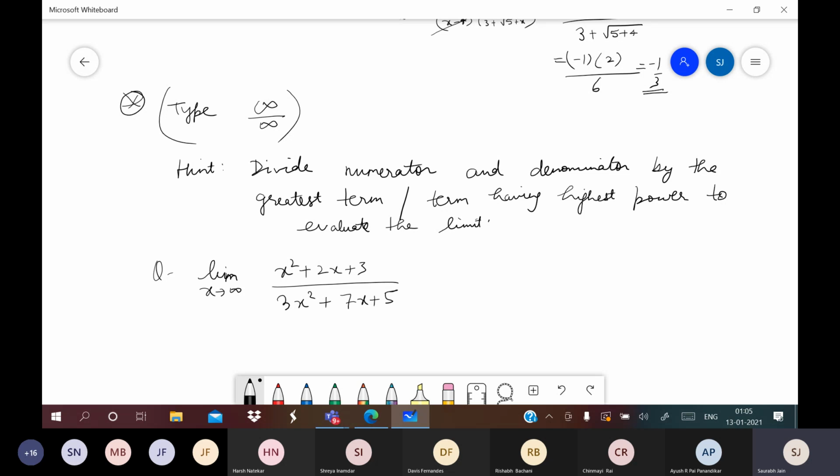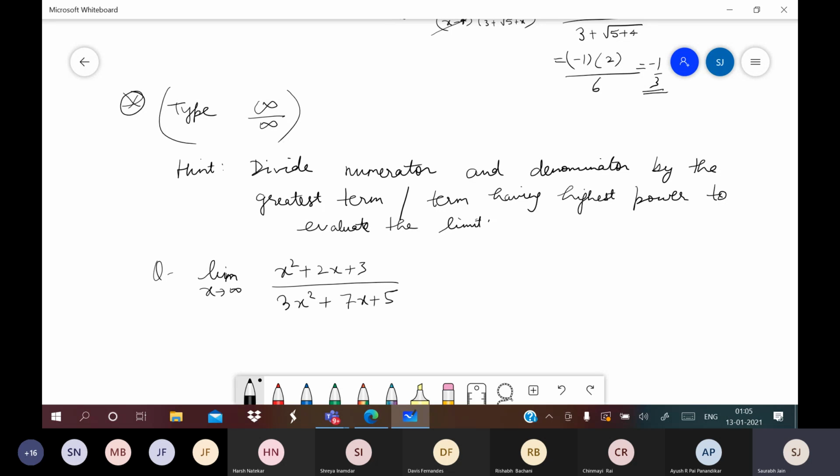So you will get terms like infinity square plus 2 into infinity plus 3. This is useless. It is simply infinity. What you will get as infinity square? Some other number? No, that is just infinity. So in short, in the numerator it is infinity, in the denominator it is infinity, and as a result it is of the type infinity by infinity.